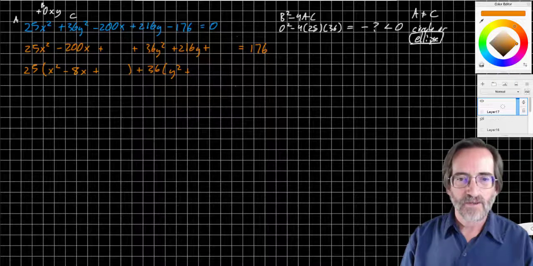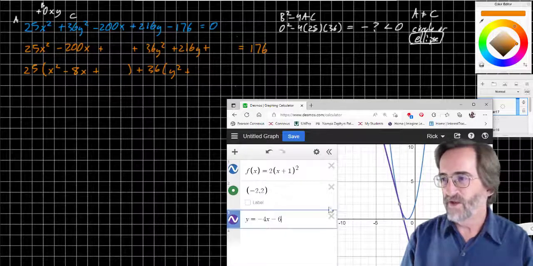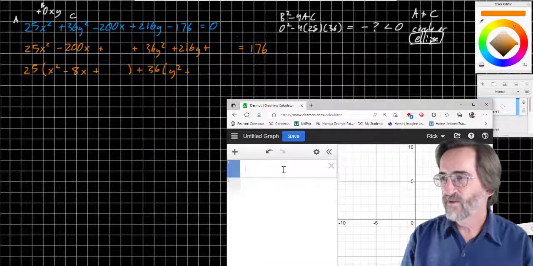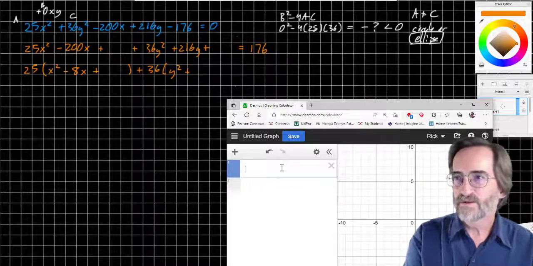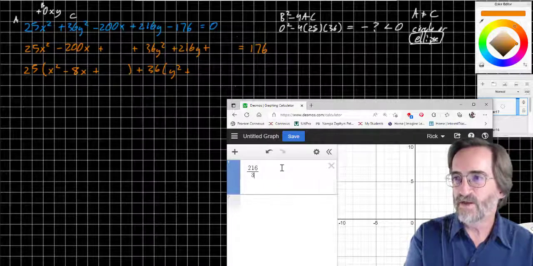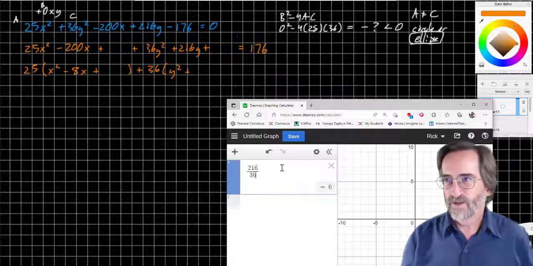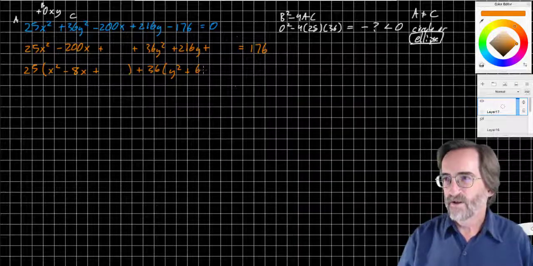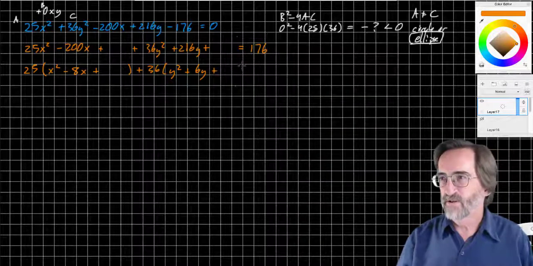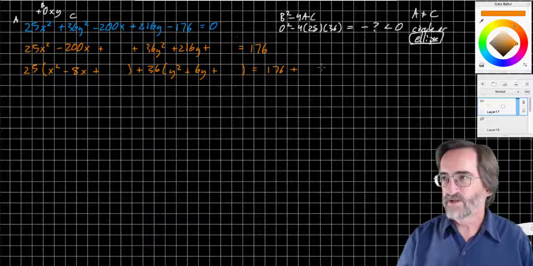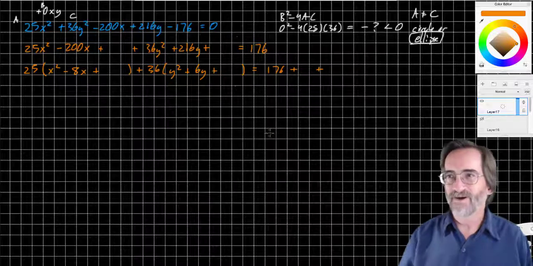I'm not doing that off the top of my head. I should have that, but 216 divided by 36 is 6, so plus 6y plus something, equals 176, plus something and plus something.